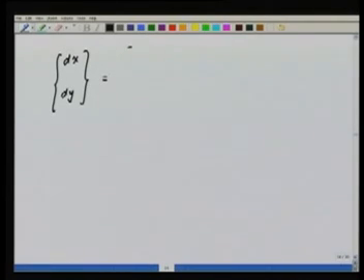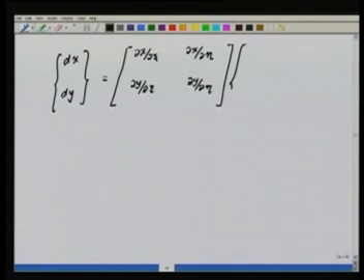is equal to the matrix with del x del ξ, del x del η, del y del ξ, del y del η, into dξ dη.